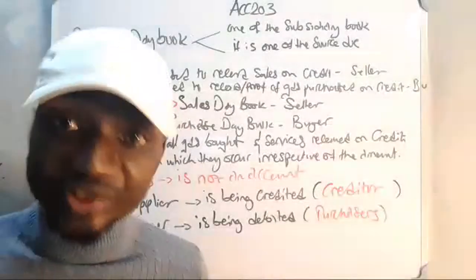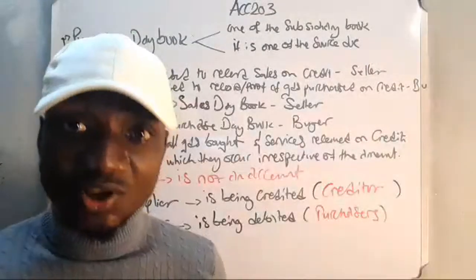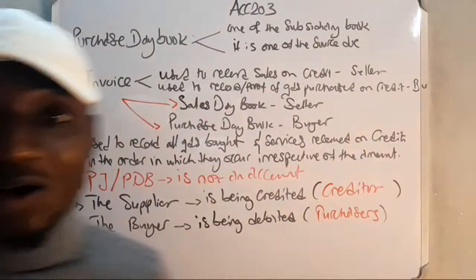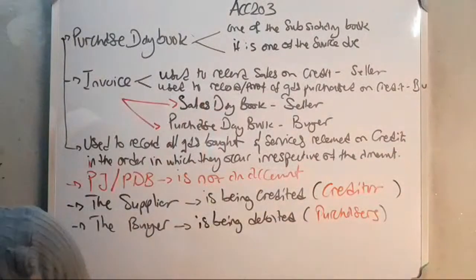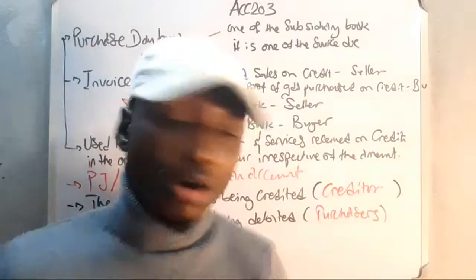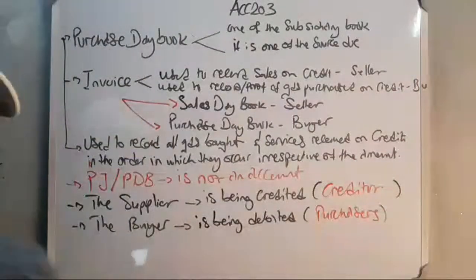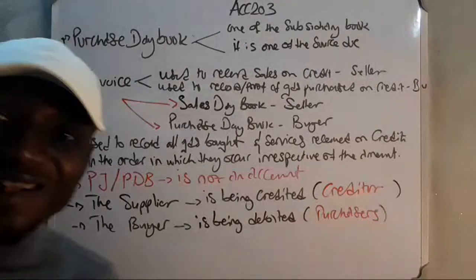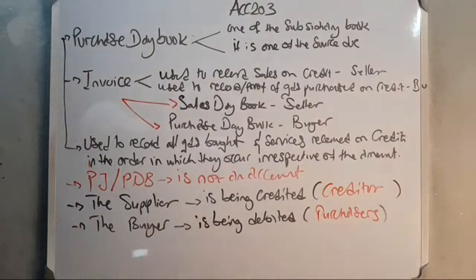That's like normal sales, because the debit side means money is coming in and the credit side means money is going out. But in the case of the purchase day book, it's a different ball game.